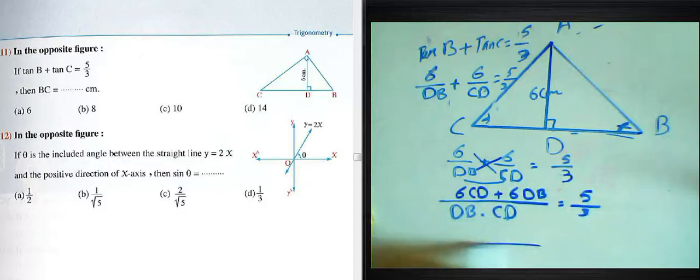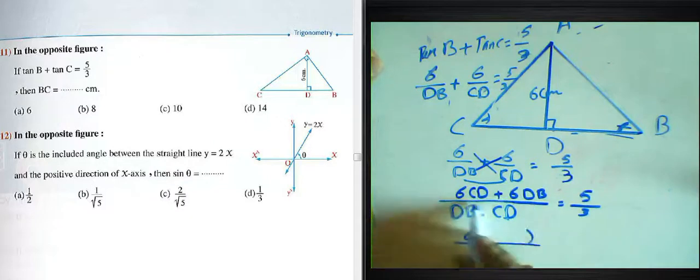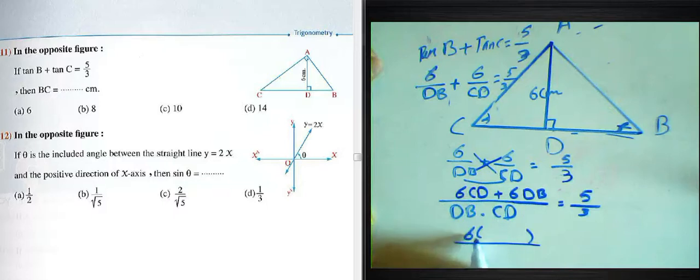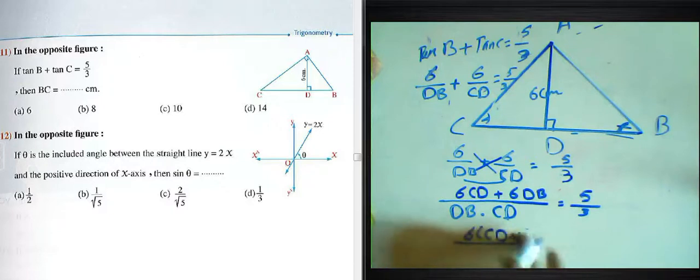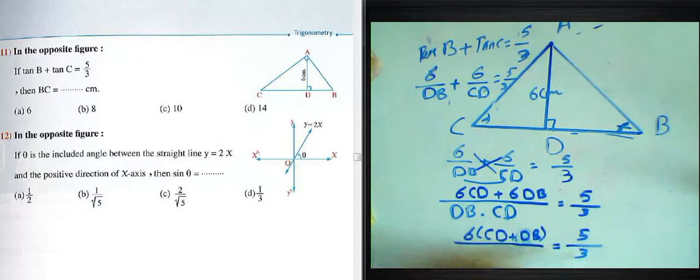We can write 6 outside parentheses as a common factor from the first term and second term. The result will be 6 times CD plus BD, or DB, equals 5 over 3. We know DB multiplied by CD equals what?